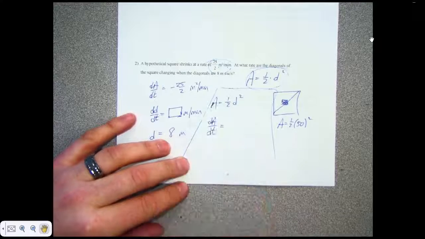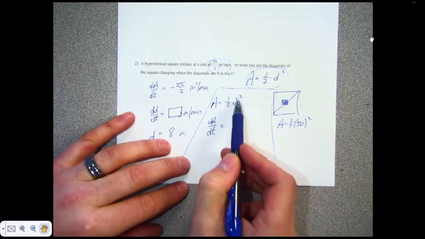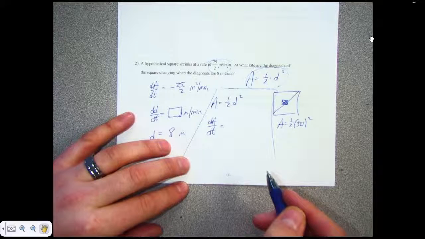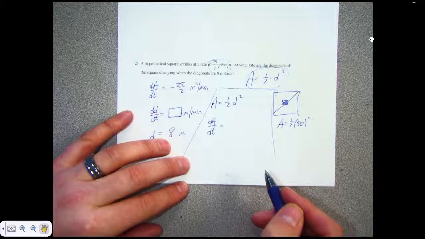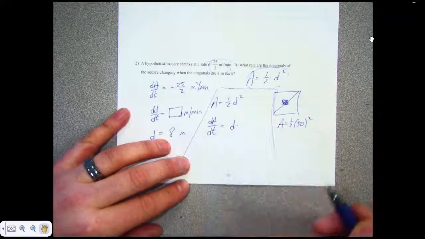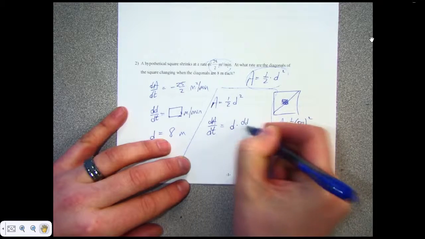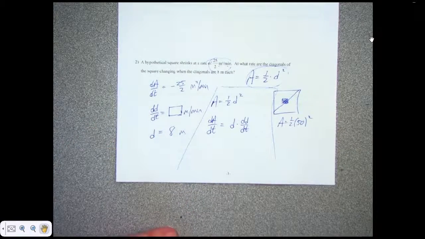So the derivative of A is really 1, right? Then you multiply it by dA dt. So what's the derivative of 1/2 d squared? It would just be d, wouldn't it? But I took the derivative of a d, so what do I have to multiply by? dd over dt.